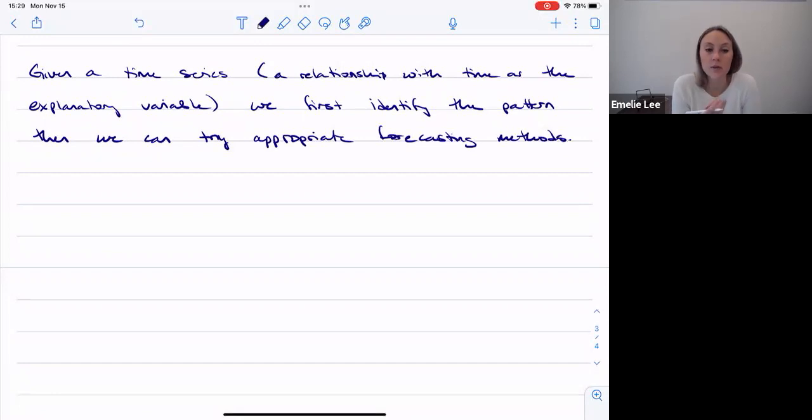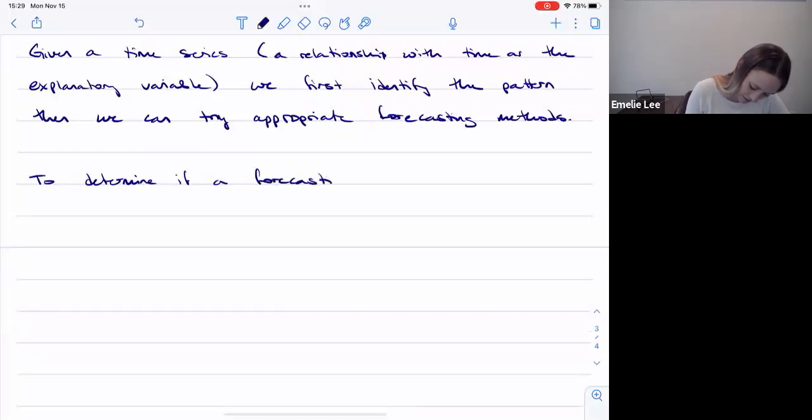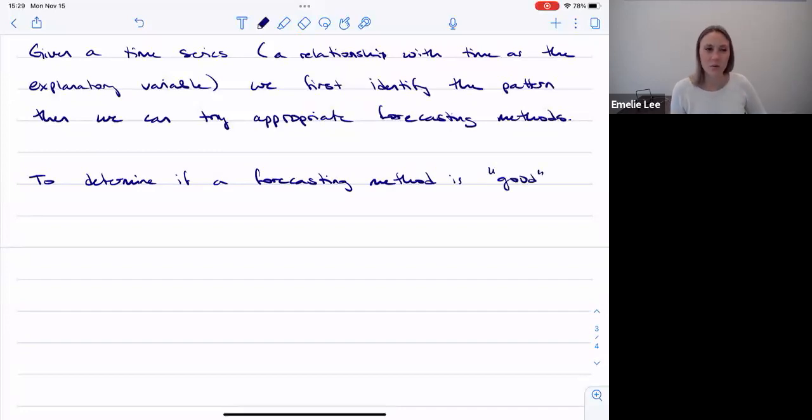We're going to talk about some of those key forecasting methods, but how do we decide if a forecasting method is good? I'll put it in quotes because it seems like a weird thing to say.